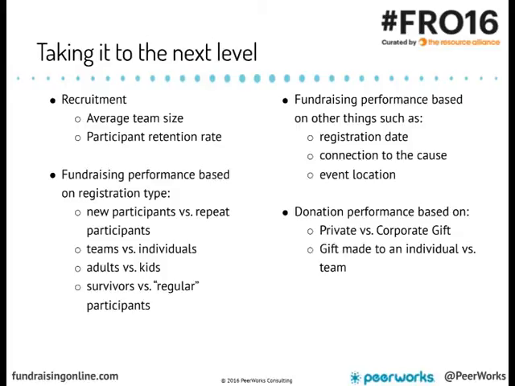Did the people that registered really early fundraise more than the people that registered close to the event? Did the people that have a closer connection to the cause fundraise more or less than the people that don't? Or maybe your fundraising results vary based on the location of the event, if you have an event happening in multiple locations.